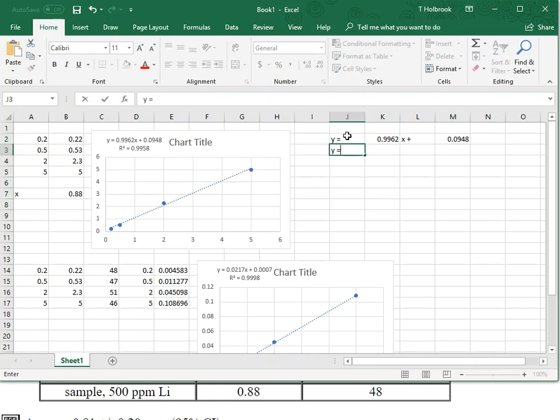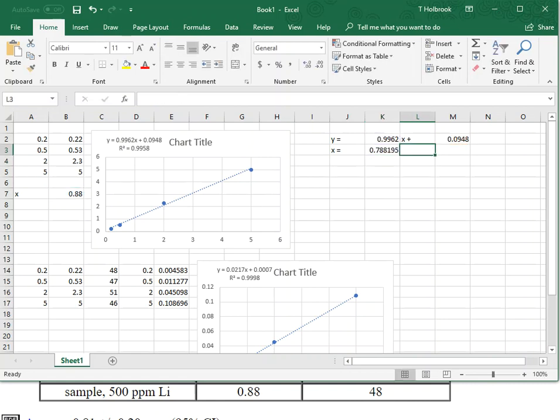Y equals, X, because I'm solving for the concentration. The Y value is 0.88, right? That was the signal from the sodium, 0.88. That goes in for Y. Subtract 0.0948. And then to solve for X, we would divide by 0.9962.